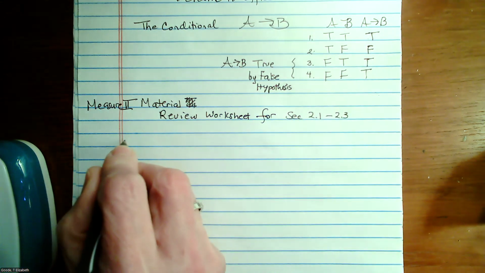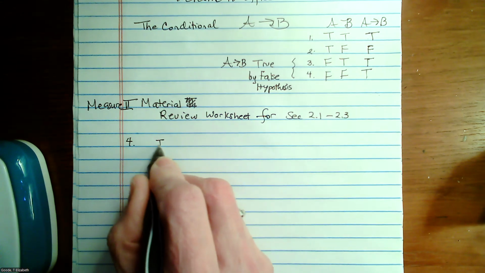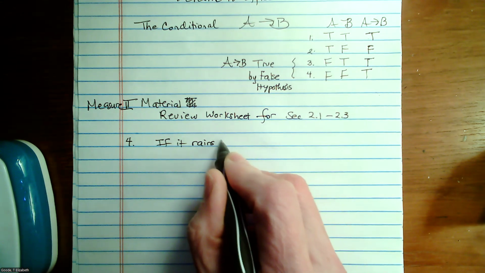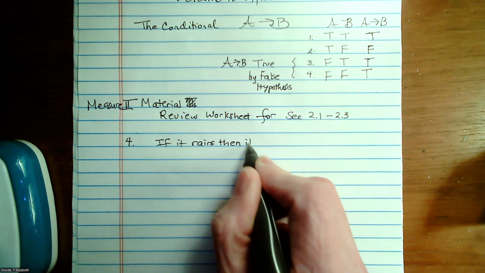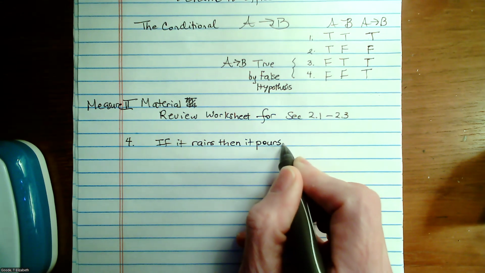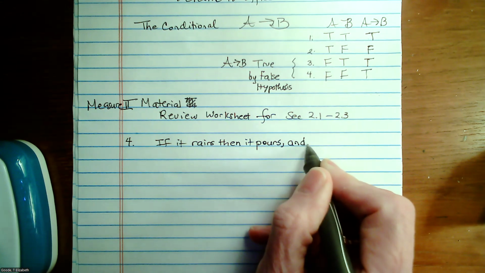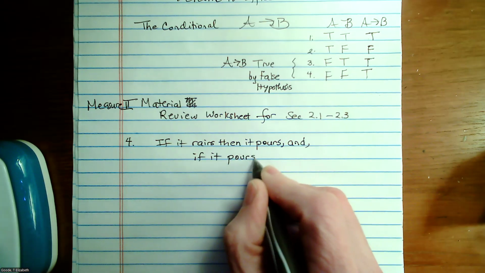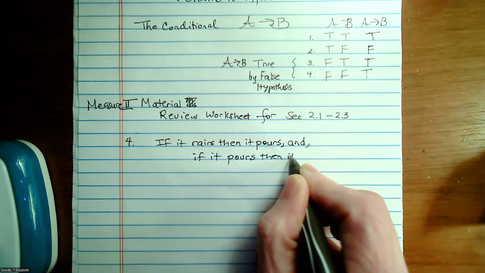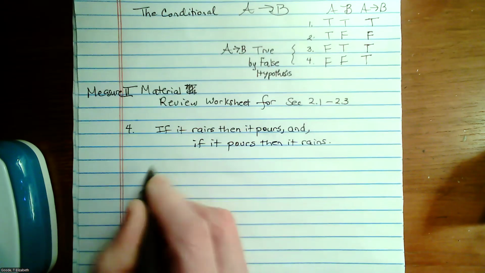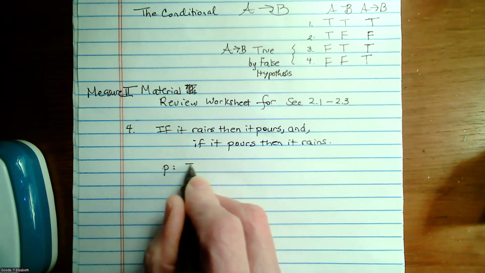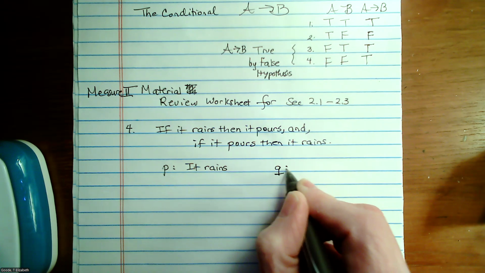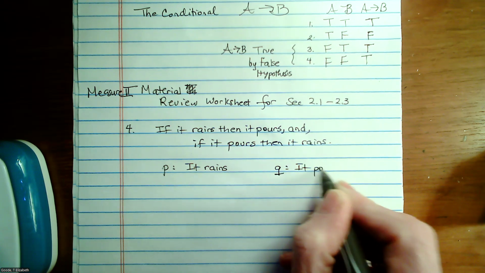So if we look at number 4, it says, if it rains, then it pours, and if it pours, then it rains. So you could make a key where P is it rains and Q is it pours, right?